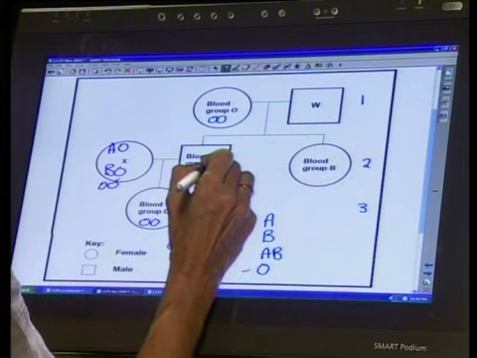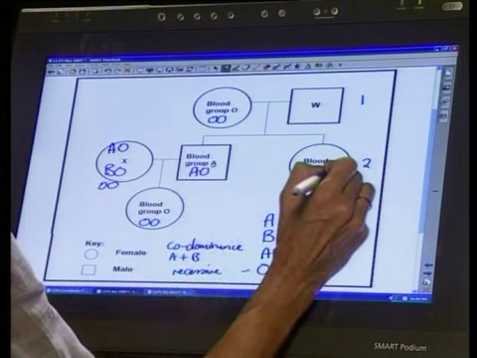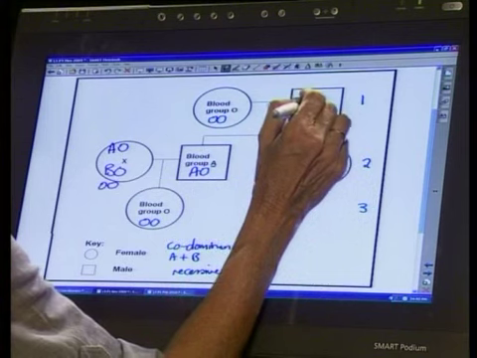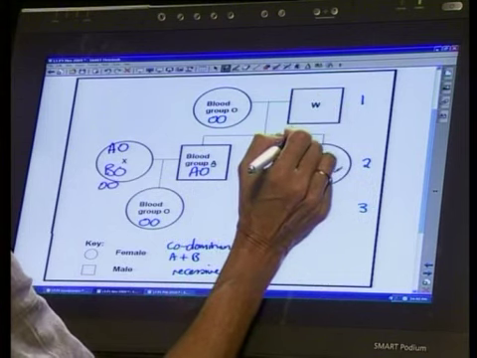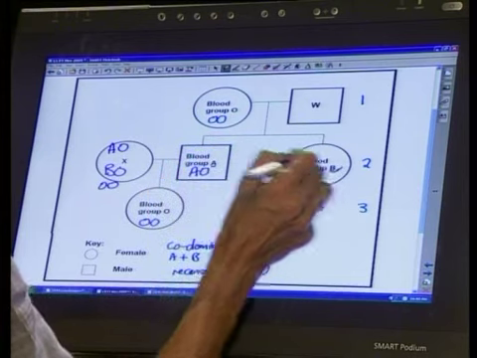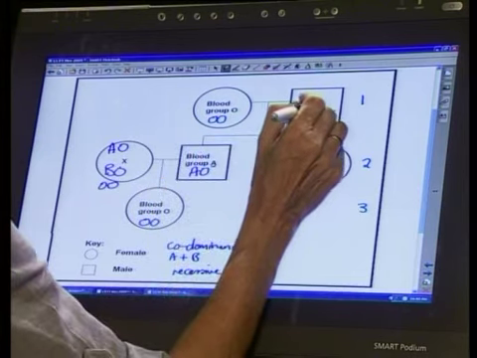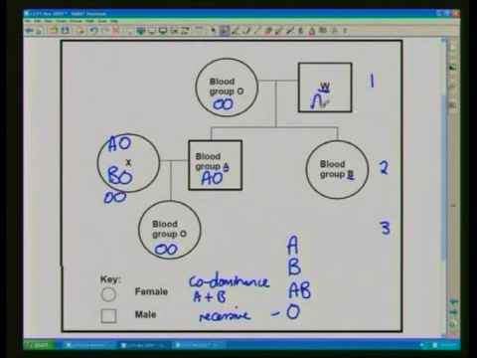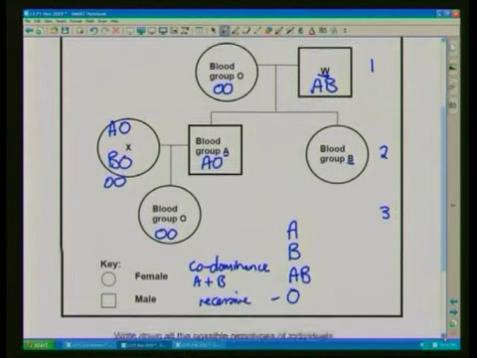So now if the one child is A and the other child is B, what blood group would this one here be? Because there's OO, and none of these babies here are OO. So therefore this parent must be AB. Does that make sense? Do you understand?